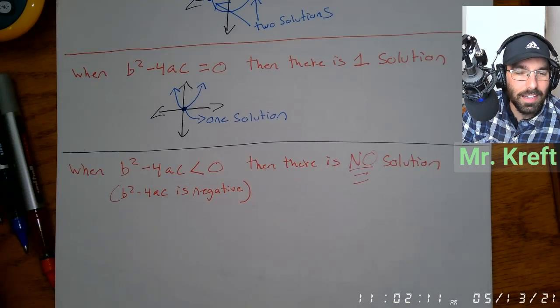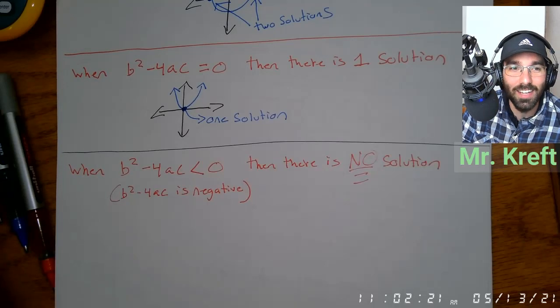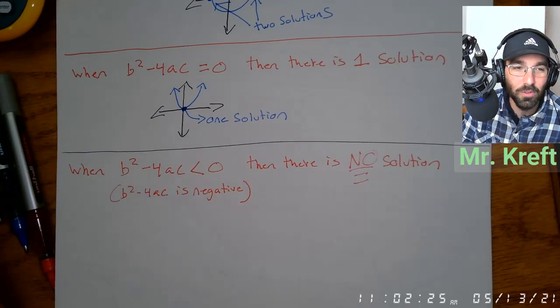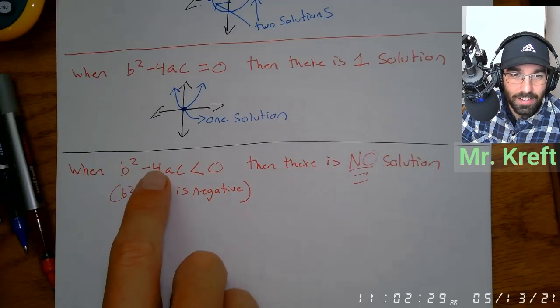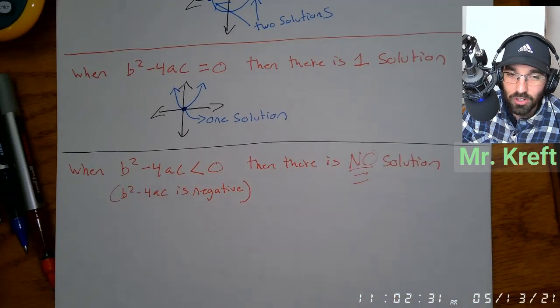Now, you might be thinking like, why would we need to know this? Because have you guys found doing the quadratic formula takes time, right? It takes time to write it out. It takes time to type it into your calculator, and then you have to do the positive and the negative version. You want to be able to look at the discriminant and be like, hey, if there's no solution, I don't need to do this work.